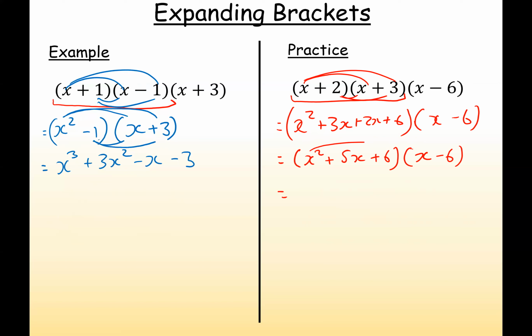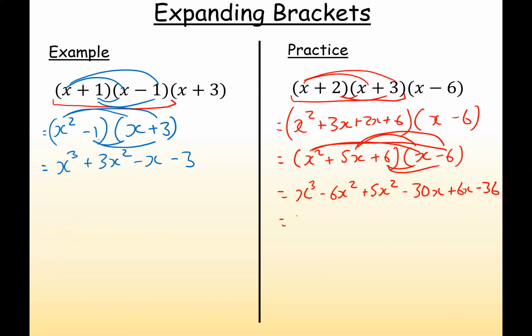So same thing again, x squared times x is x cubed. x squared times negative 6 is negative 6x squared. 5x times x is 5x squared. 5x times negative 6 is negative 30x. 6 times x is 6x. And 6 times negative 6 is negative 36.